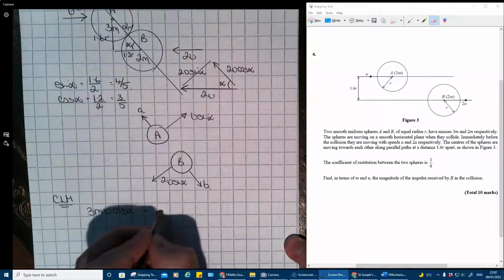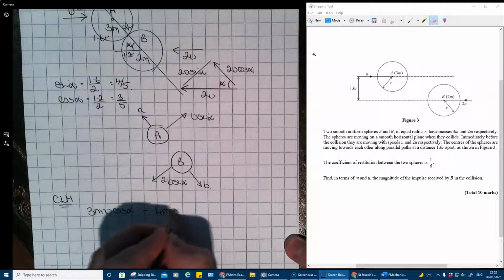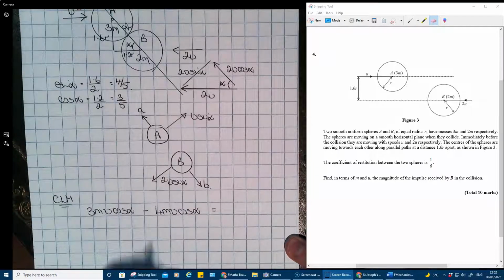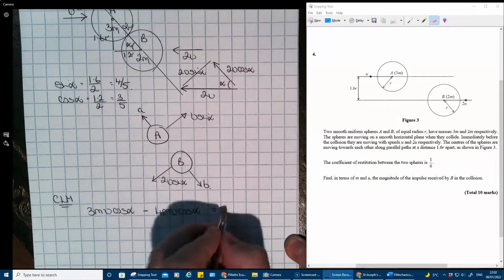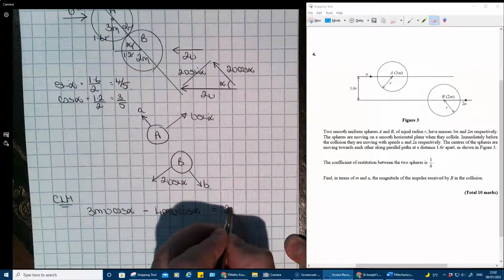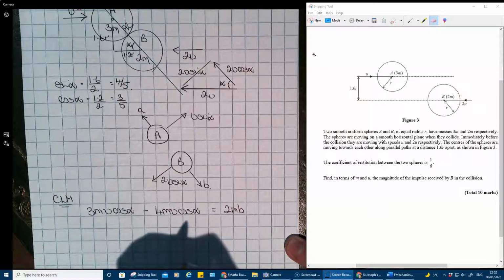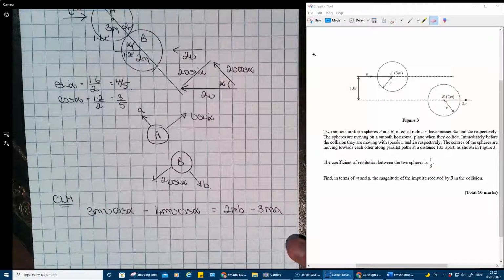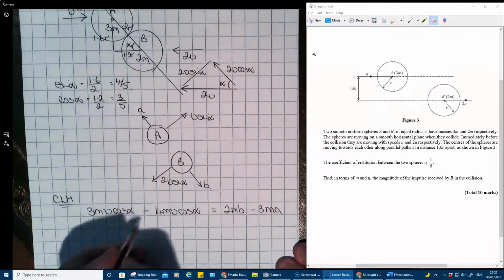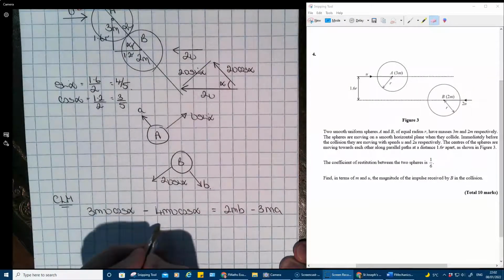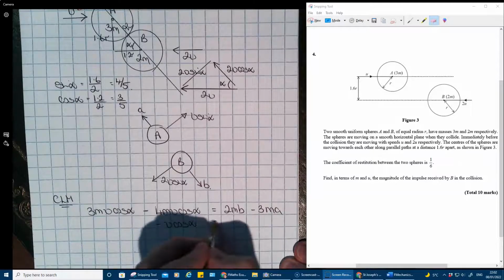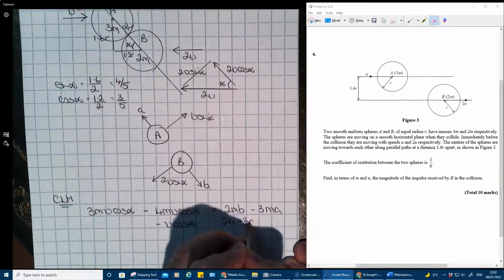So it's 4m u cos alpha equals the momentum afterwards. Remember, I'm taking this way as positive, so it's 2mb and then minus 3ma. Okay, so that simplifies. The m's will cancel, and that gives us minus u cos alpha equals 2b minus 3a.